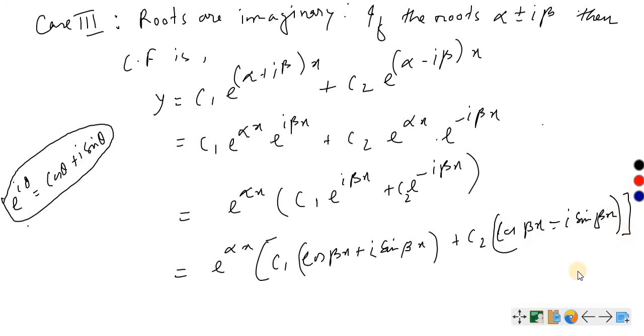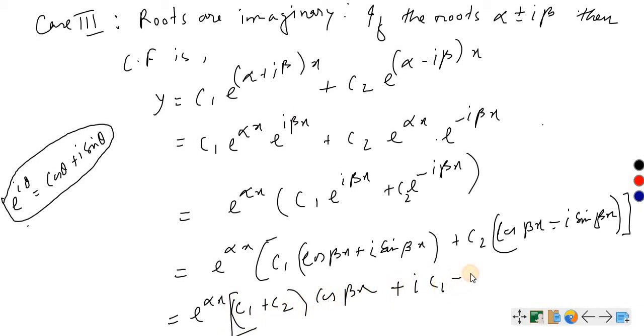bracket close, which can also be written as e to the power alpha x [(c1 plus c2) cos beta x plus i (c1 minus c2) sin beta x].